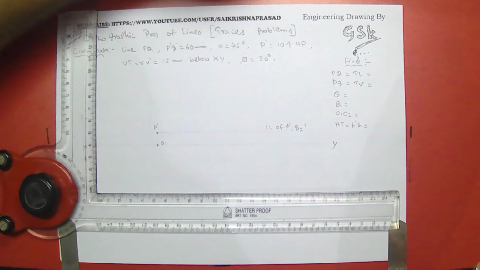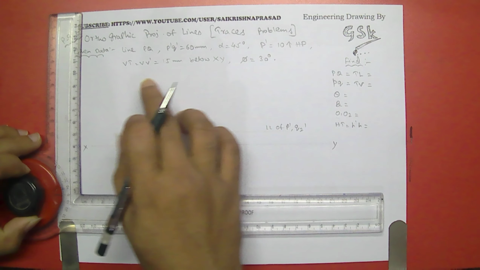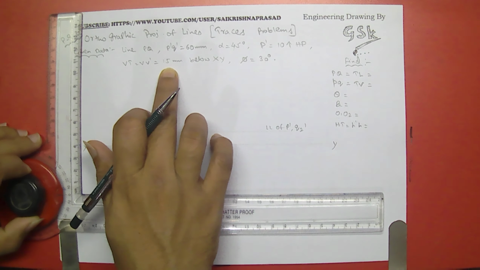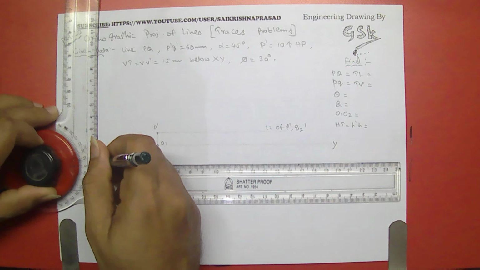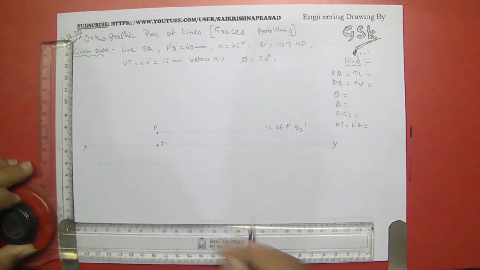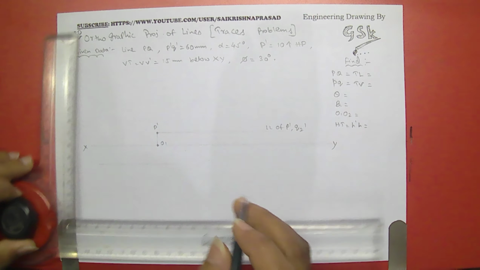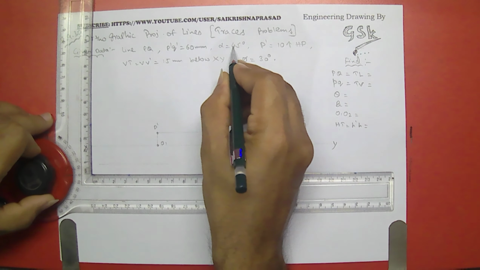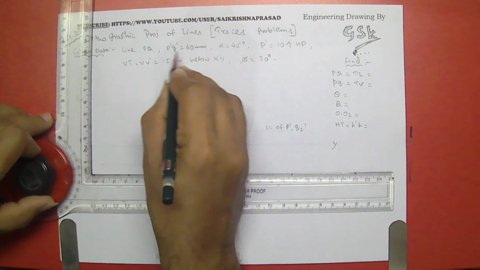Next I'll locate the distance of V dash, 15 mm below XY. I'll draw the 15 mm locus line below the reference line. On this we'll get V dash. Next I'll take alpha as 45 degrees and the front view dimension is already given.